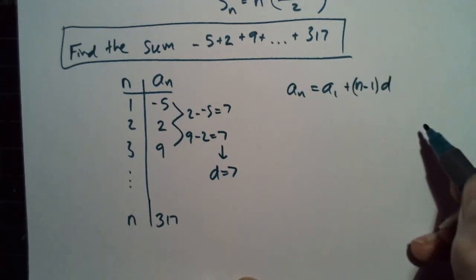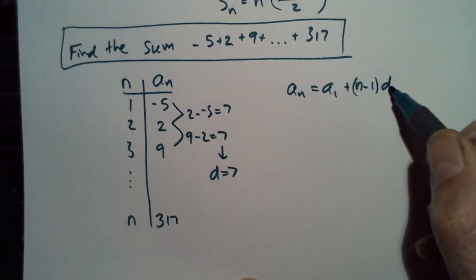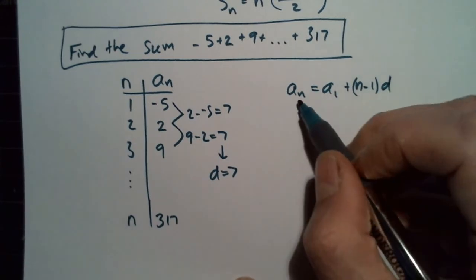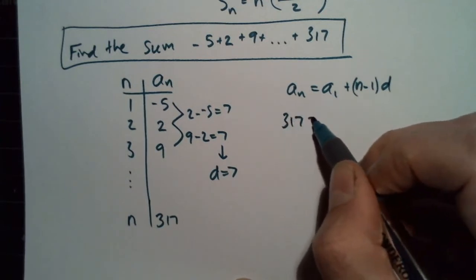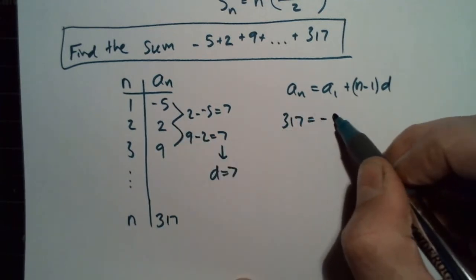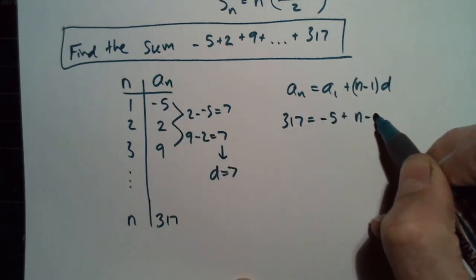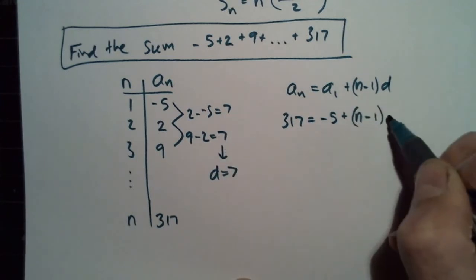Then we can look for n using the nth term of an arithmetic sequence, and we have an is 317, a1 is -5. We're trying to find n, and we know d is 7.